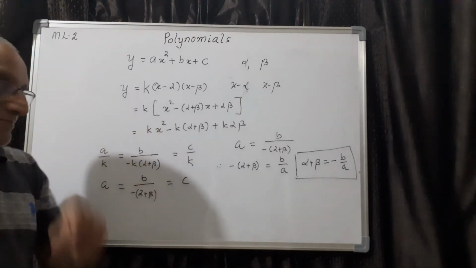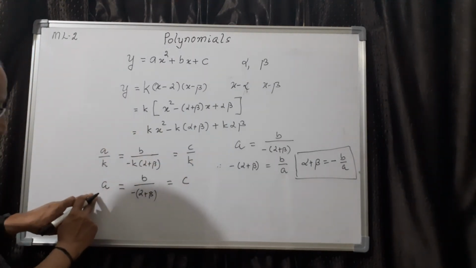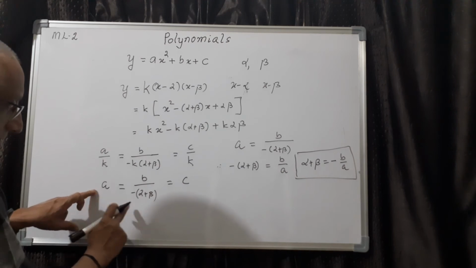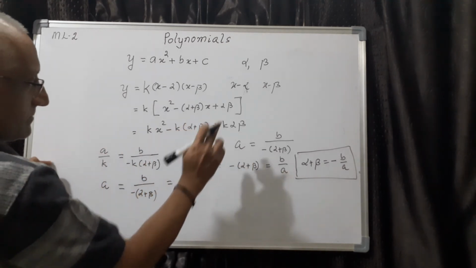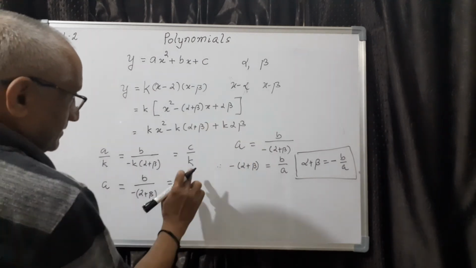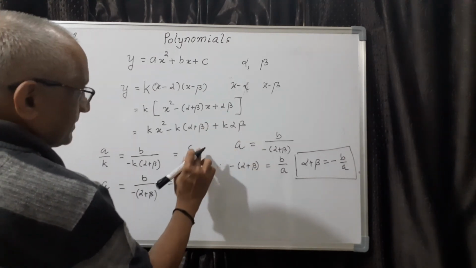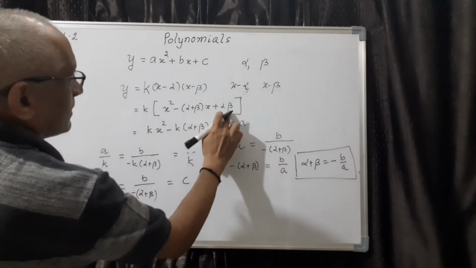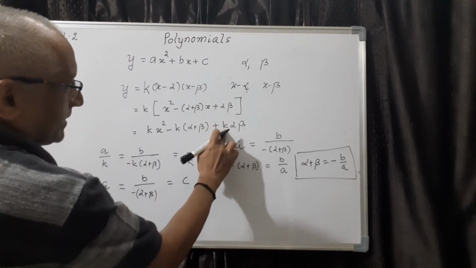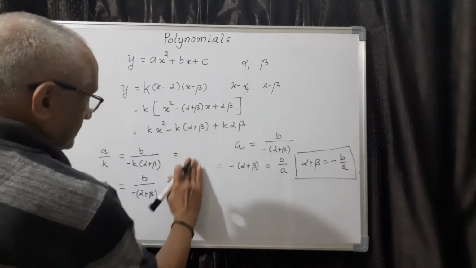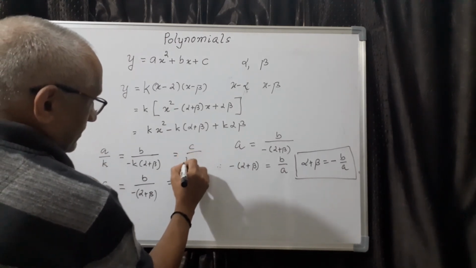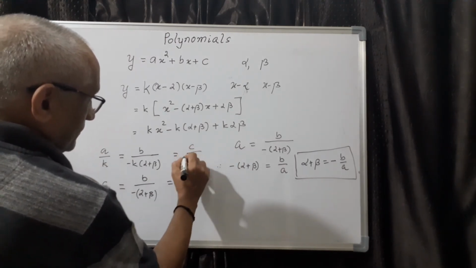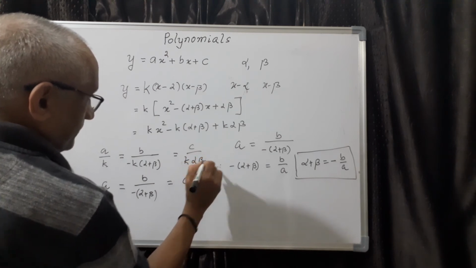Earlier, we have taken an example. Same thing here. Alpha beta, if you want to take, sorry, here I made a mistake. Here it should be alpha beta, k into alpha beta. So c by k into alpha beta.